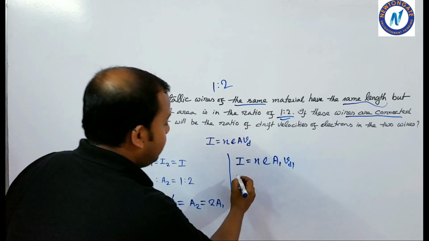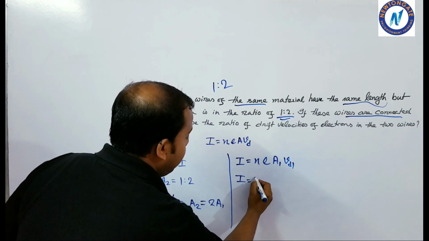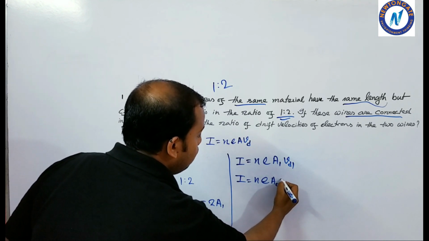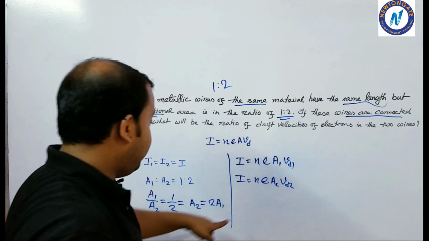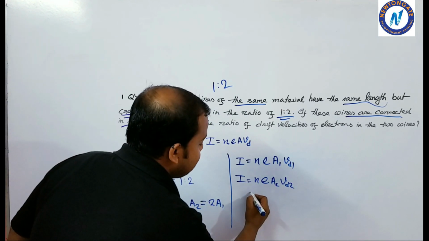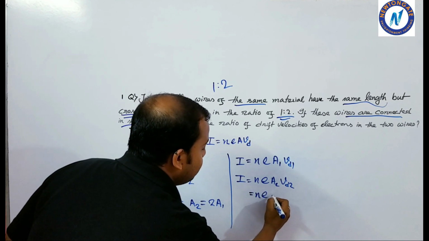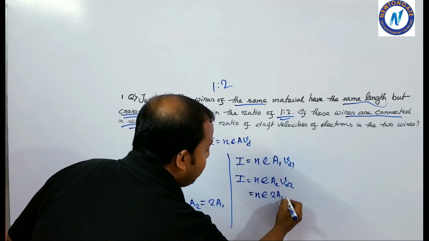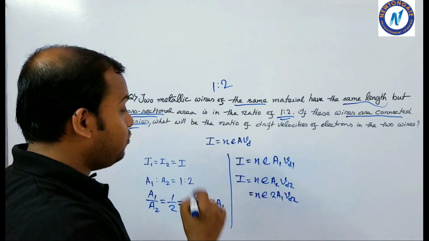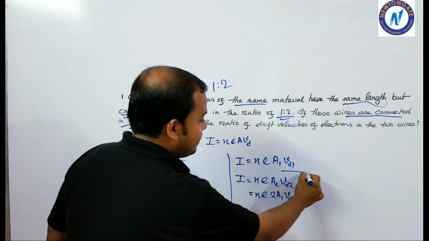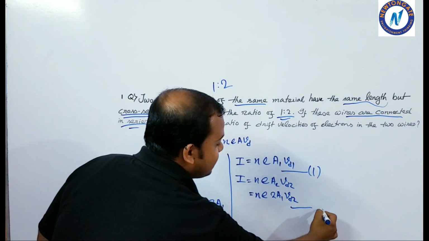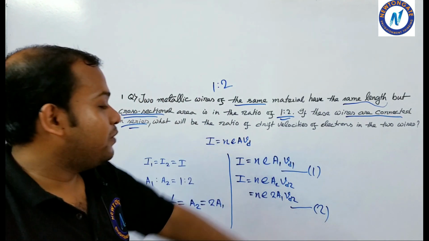For the second wire, I is N into E into A2 into VD2. Let us substitute A2 as twice of A1 and write it as N into E into twice of A1 into VD2. These are the two equations we arrive at. Let us name them equation 1 and equation 2.